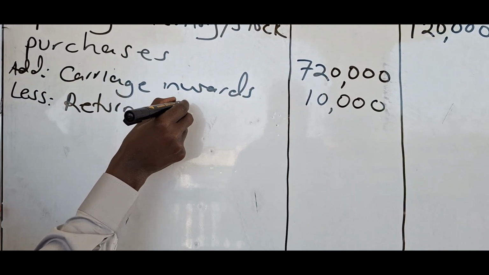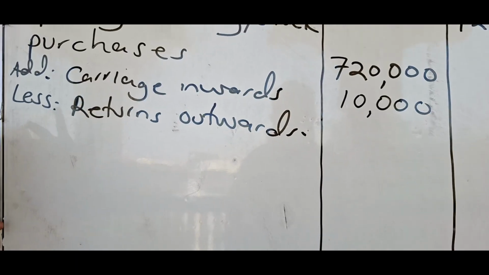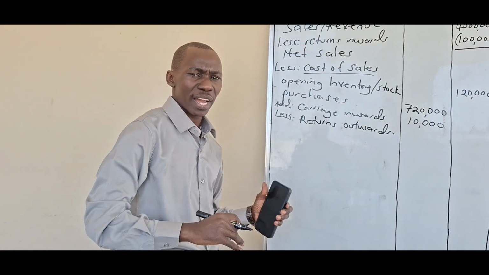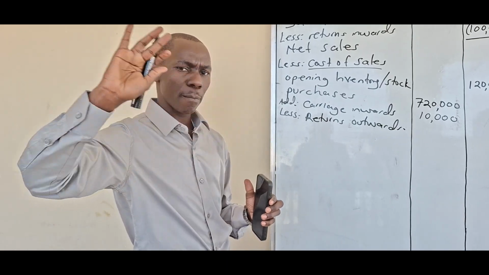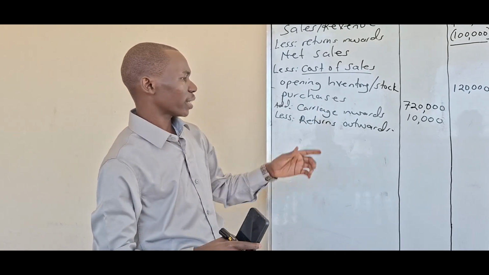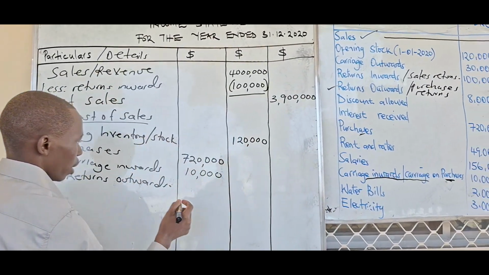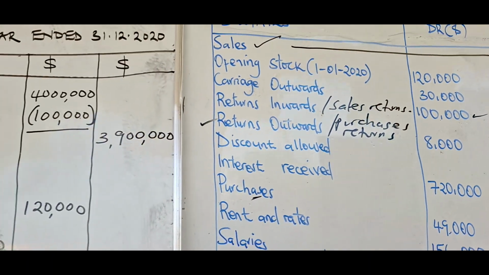Remember, returns outwards are goods returned back to the supplier for different reasons. Could be expired goods, wrong order, wrong quantity, among others. So the moment you return goods to the supplier, they reduce your purchases. How much are returns outwards? 8,000. We are subtracting.